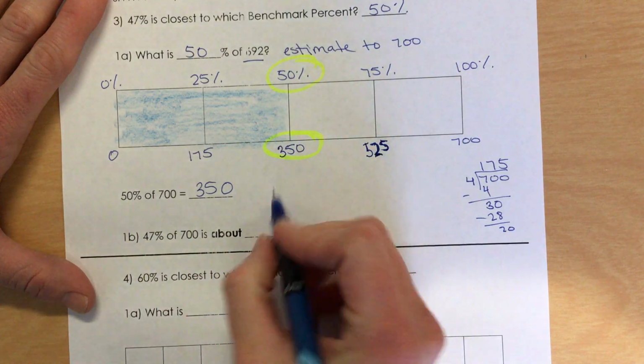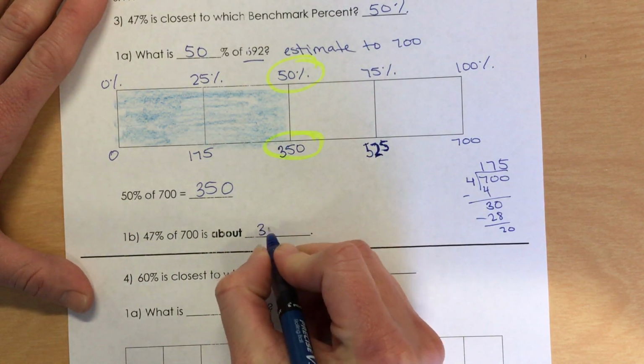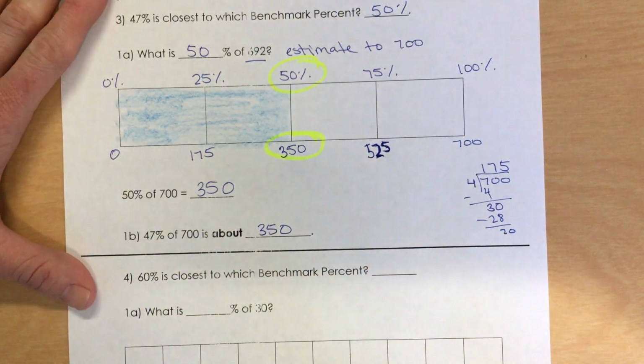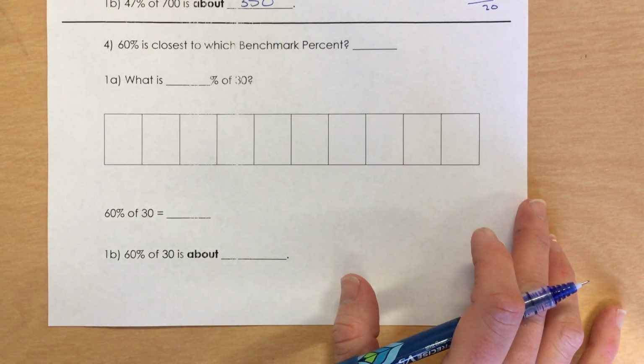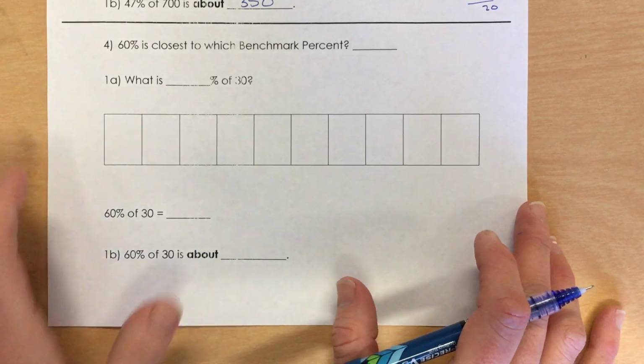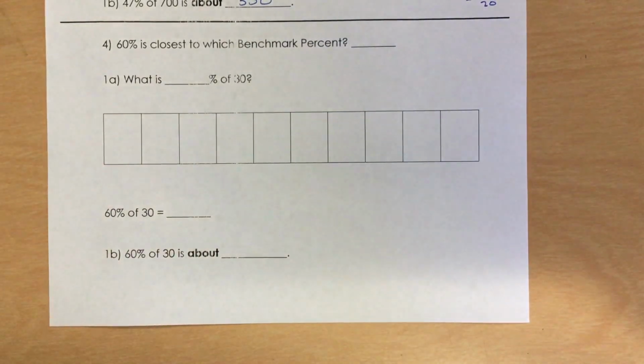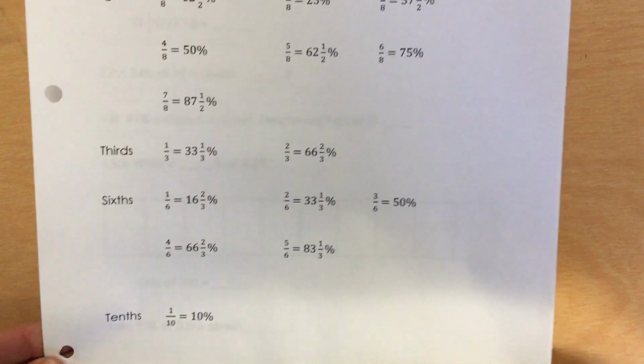Okay, so 47% of 700 is about 350. Okay, and last one, number 4. 60% is closest to which benchmark percent? Okay, well, let's see.